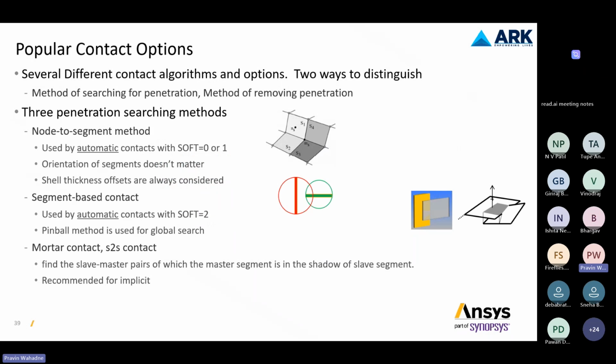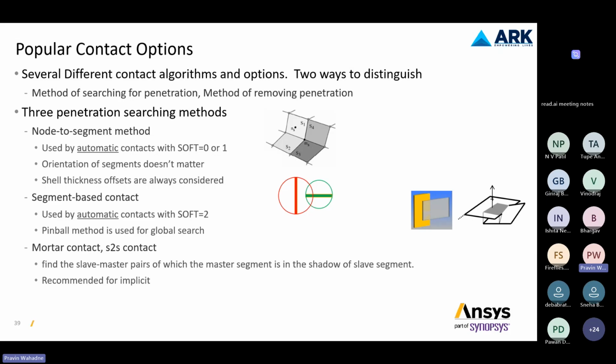Now, when we talk about popular contacts in LS-DYNA, we have a wide variety of contacts, starting from node to surface, line to surface, edge to edge contacts, going on to surface to surface or single surface contacts.